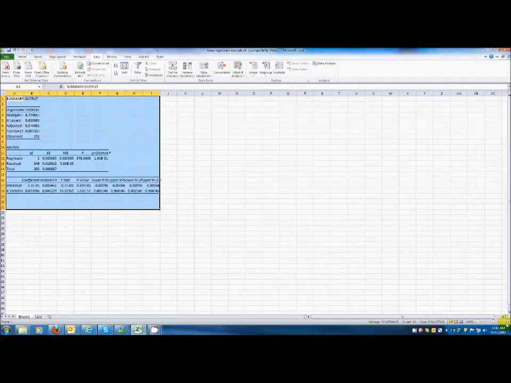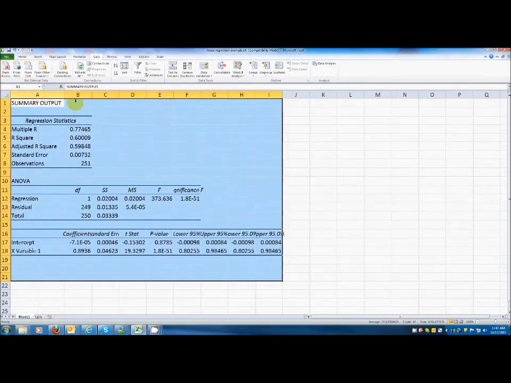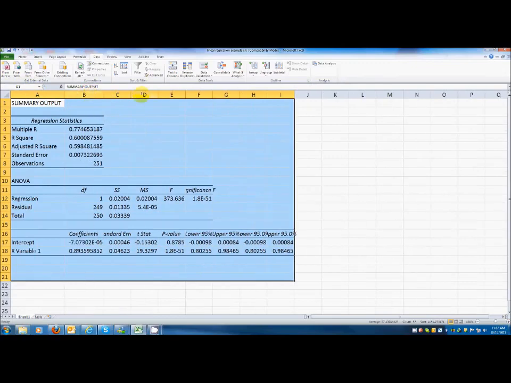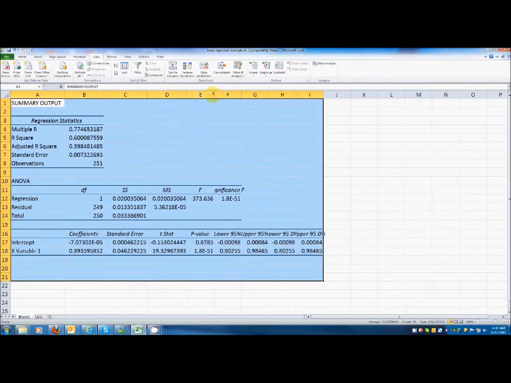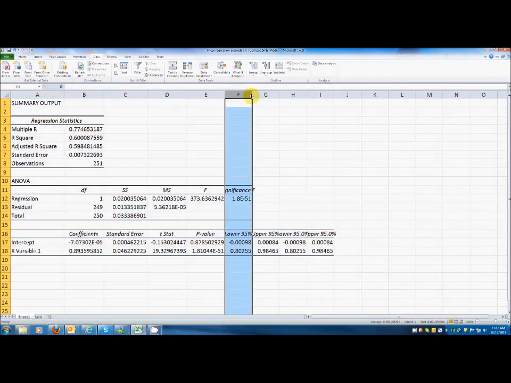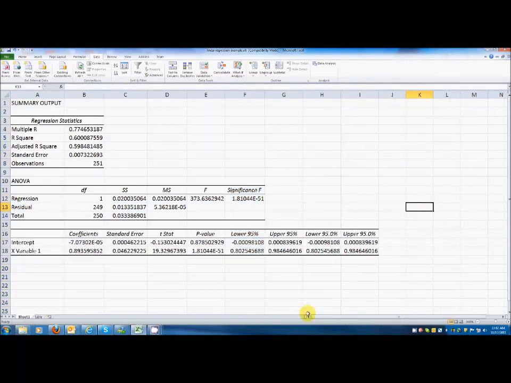Now, this is a little small, so I'm going to make it bigger for you. First thing you do is go through here and widen these columns out, because for some reason this thing comes out compacted and it's really hard to read these long numbers. Okay, so now let's take a look at our numbers.